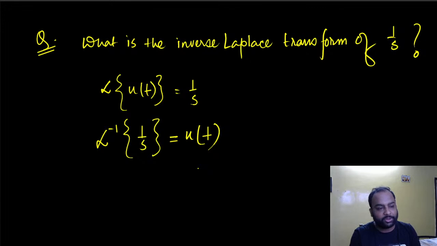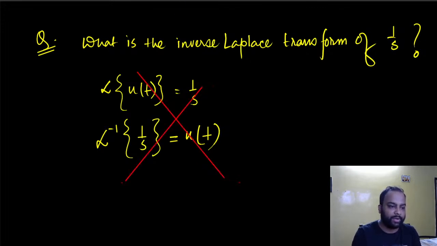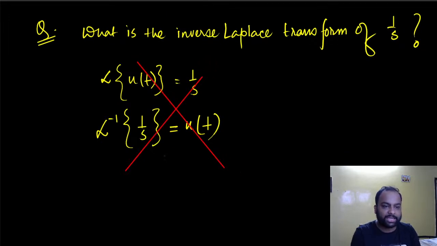But unfortunately, this is not as simple as it might seem. This is actually wrong. The problem is not in the answer. The problem itself is in the question, because the question itself is wrong. Why? Let me show you another example and the answer will be pretty clear there.